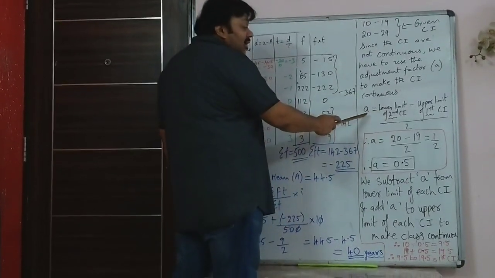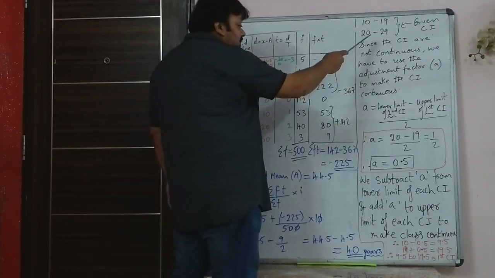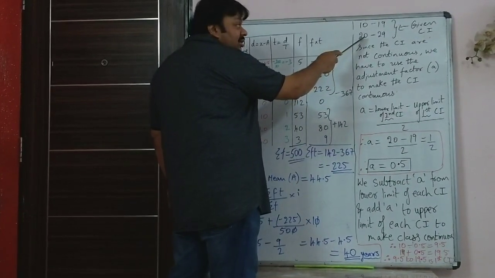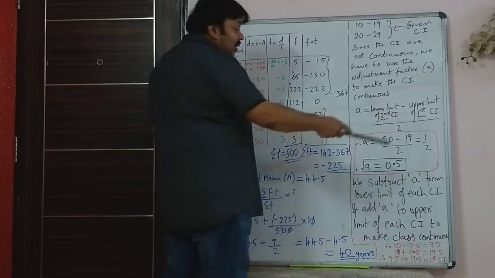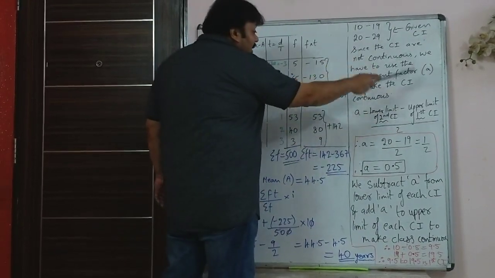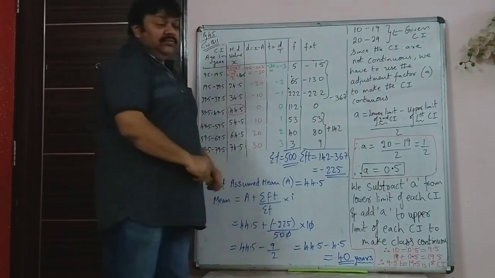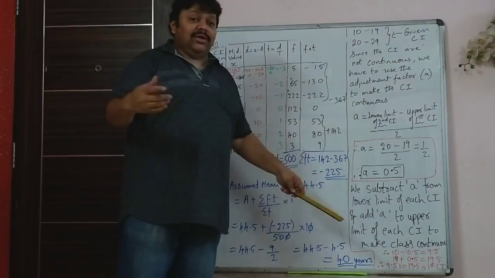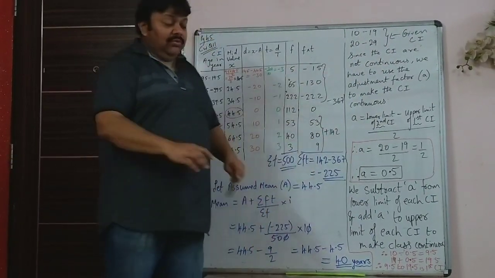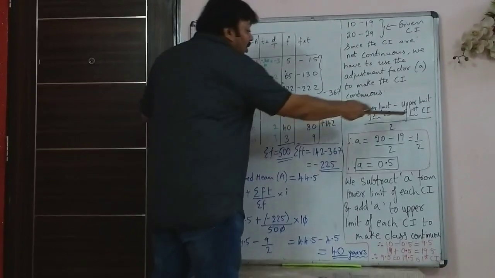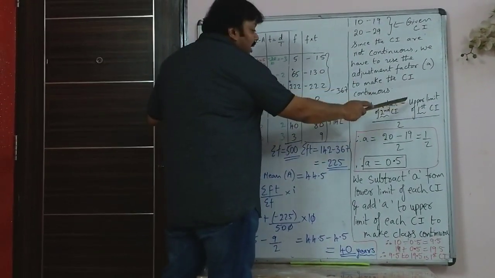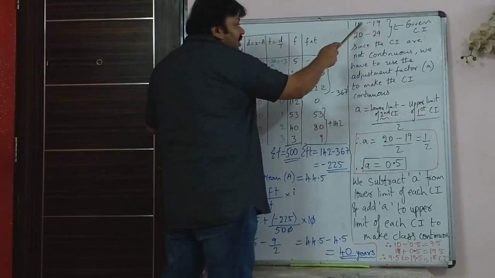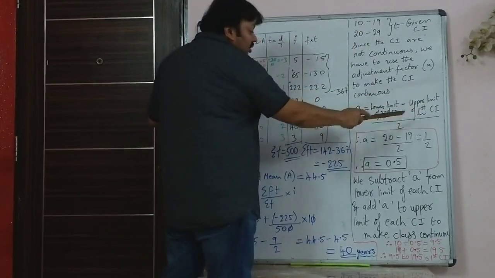So you have small a, the formula is, it's the lower limit of the second class interval, the original one which is given without adjustment, minus the upper limit of the first class interval. Again the original one before adjustment, this is all before adjustment. So it is upon 2, lower limit of second class interval minus upper limit of first class interval upon 2.